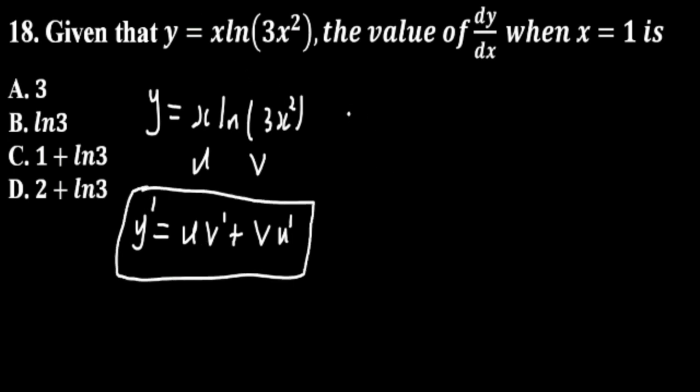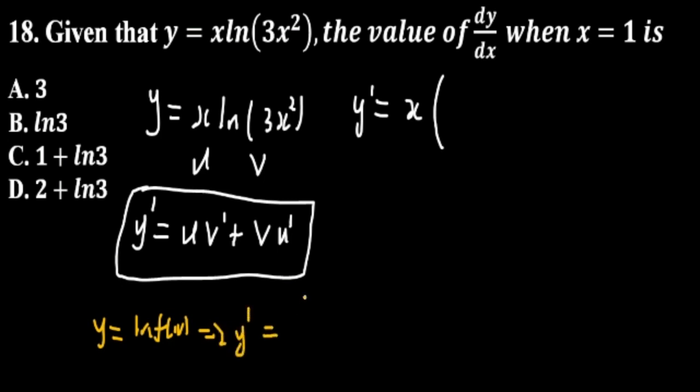In this case, y prime will simply be: if I keep u constant, that is keeping x constant, now I want to differentiate this function. Let me demonstrate something down here. If you have our function y equal to ln of f of x, this implies that y prime will simply be f prime of x divided by f of x.